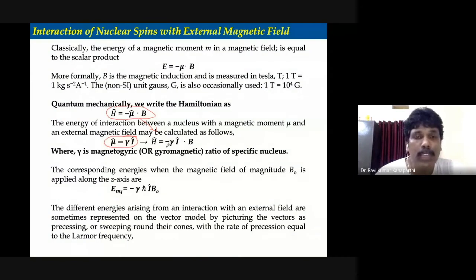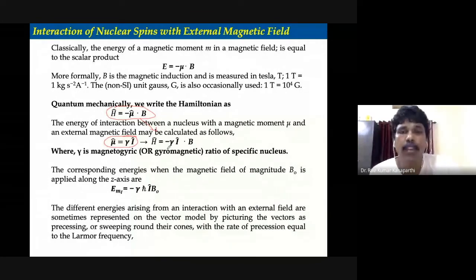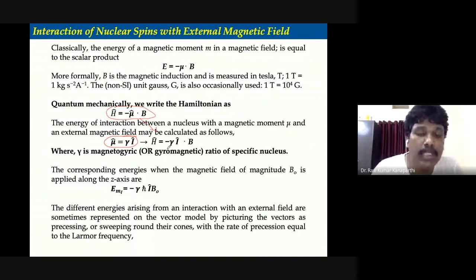The negative sign indicates that the interaction energy is opposing the applied magnetic field direction. If you apply the magnetic field in one direction, the interaction energy of the bar magnet will be in the opposite direction. Just to address that aspect, the negative sign has been introduced in the expression.